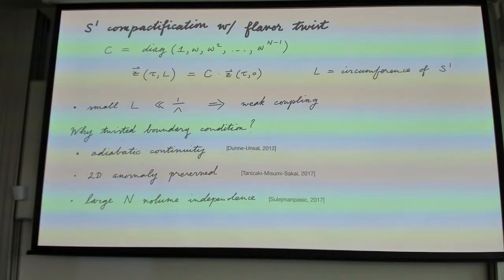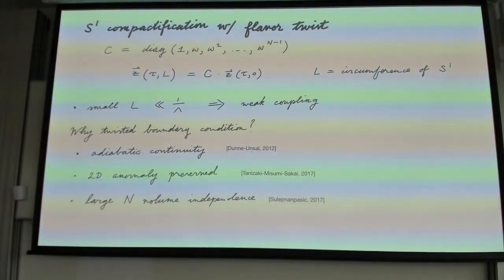But I want a bit more than that. So I'm not just taking the usual boundary condition, I'm taking some kind of twisted boundary condition. And there are many reasons to take such a twisted boundary condition. So one is that it's a boundary condition which is good for achieving adiabatic continuity.